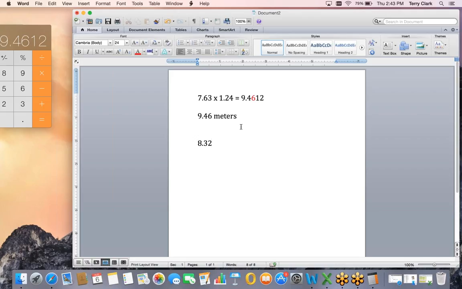Okay, so we're seeing a lot of 10.32 meters. Make sure you put meters at the end of it, or you can just put M, but you want to get into the practice of using the right unit of measurement.